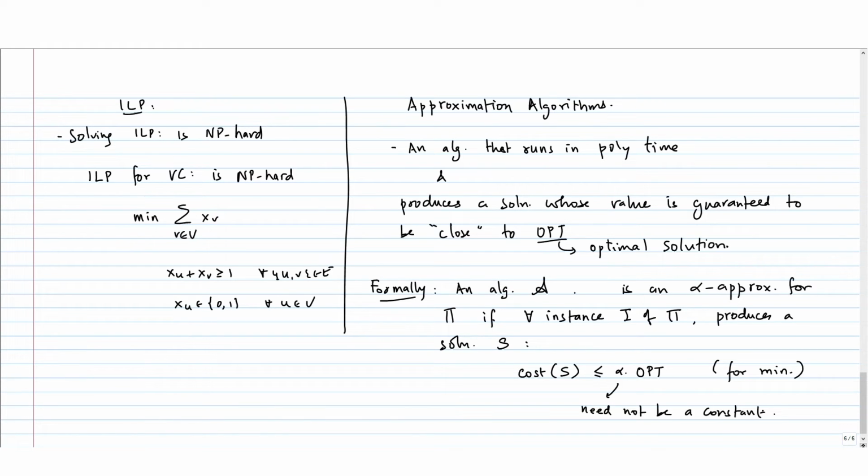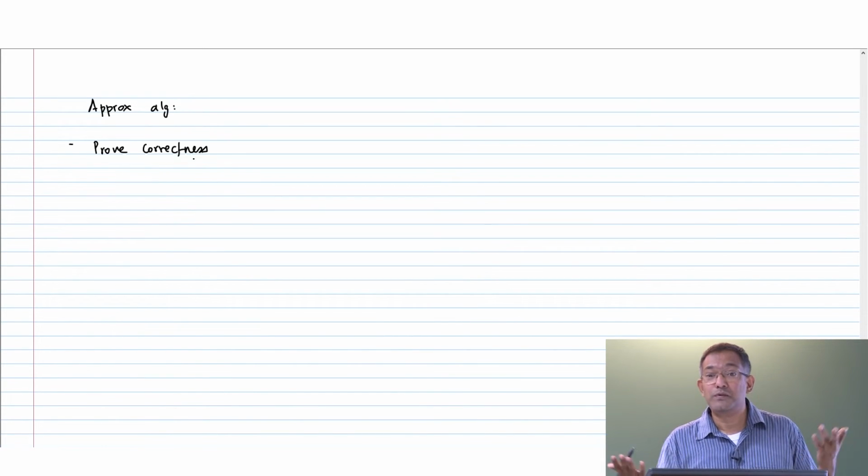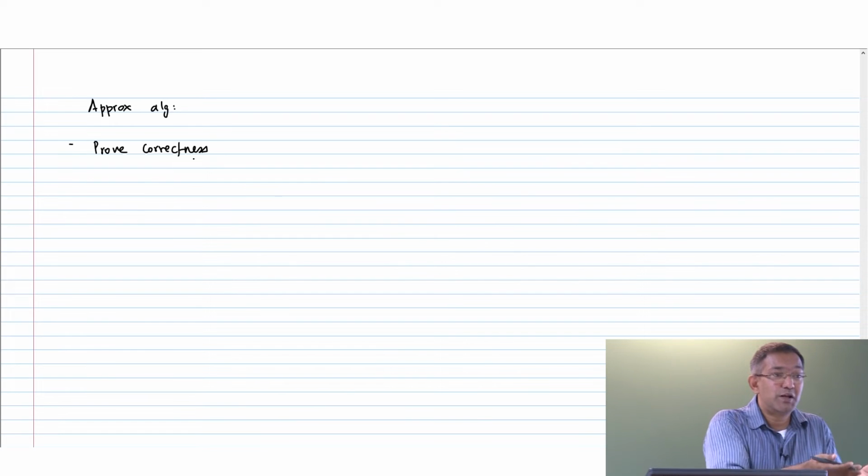Okay. So, when you are designing an approximation algorithm, there are two steps. Of course, you will design the algorithm, and you will want to prove correctness, in the sense that the algorithm, for example, in this case guarantees to give you a vertex cover.